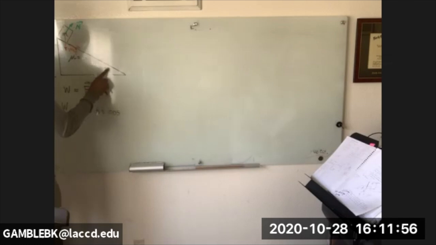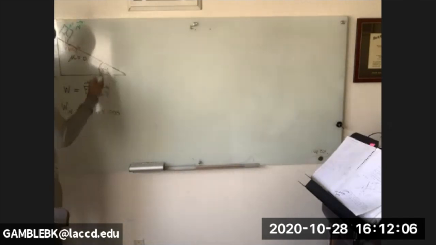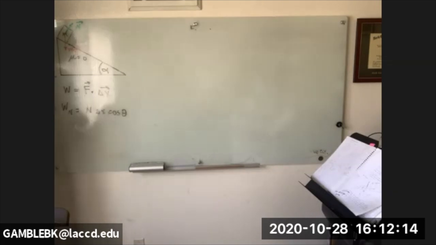I'm going to use a different symbol: let's use alpha for the ramp angle, so we're not confused. Theta we'll use as the angle for the work equation, so cosine theta, where theta is the angle between N and delta x. What is the angle between the normal force and the direction of motion? Abdul.